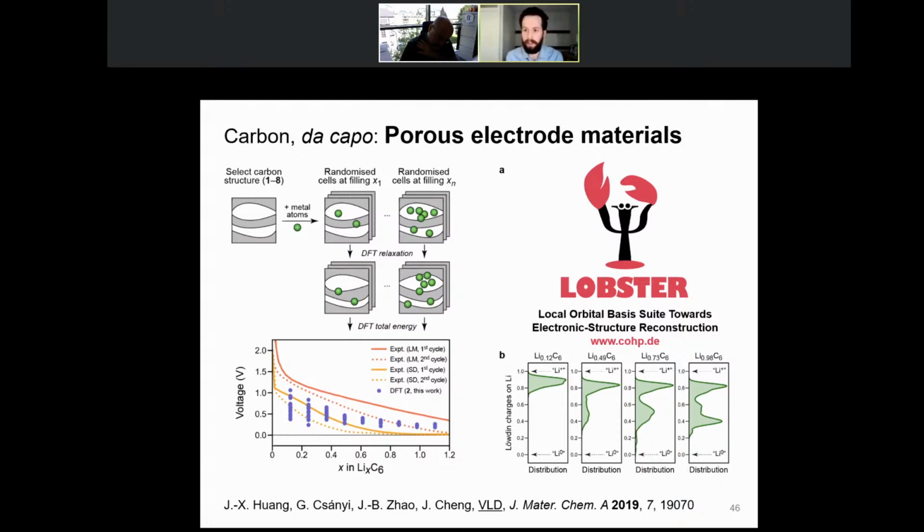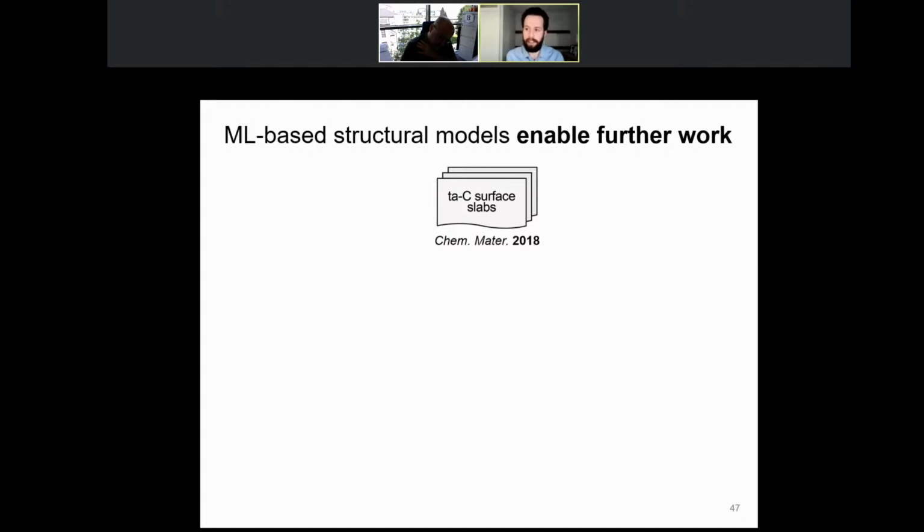There's another thing that I want to highlight in this context, and that I was super happy about: it's not just myself and my colleagues using these structures to do new science. Because we're providing these structures online, and you can download them from the supplement of the papers, there are two very recent papers I wanted to highlight.